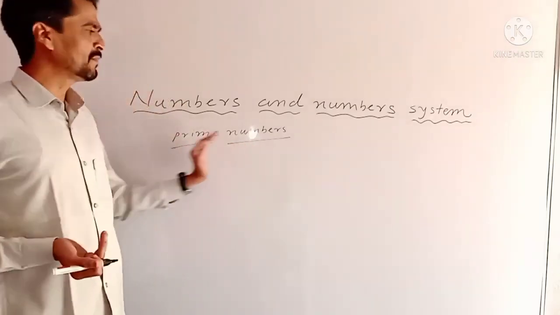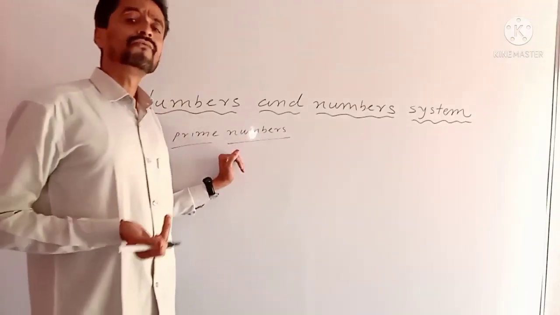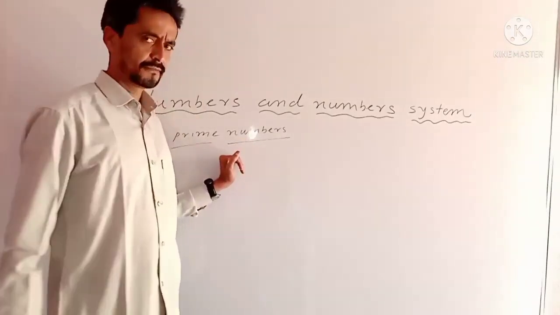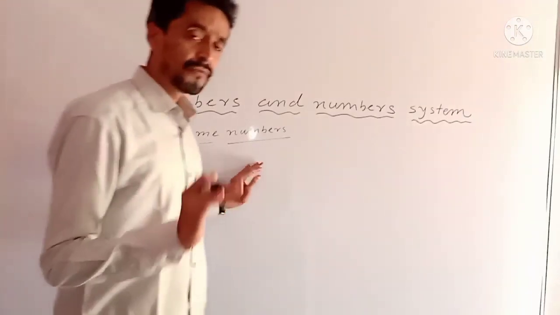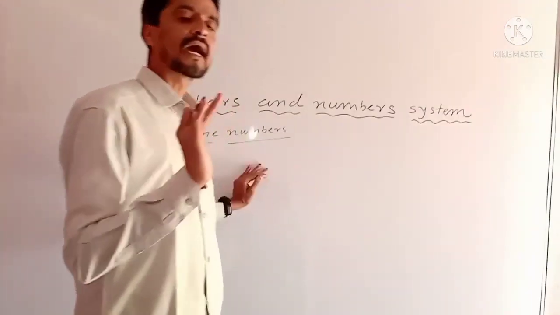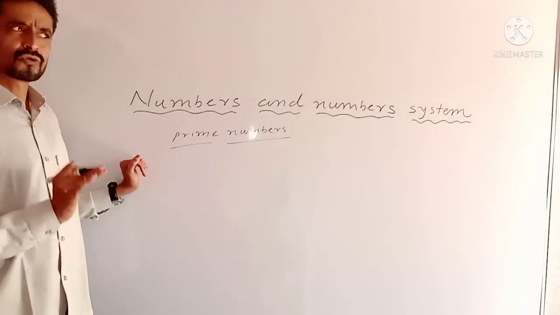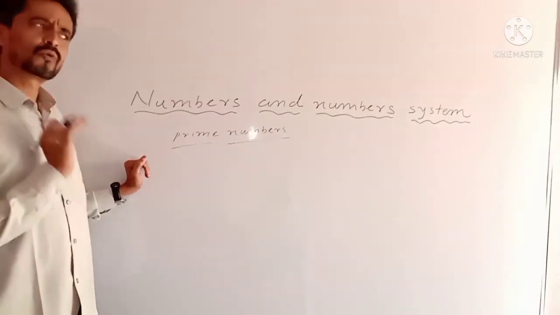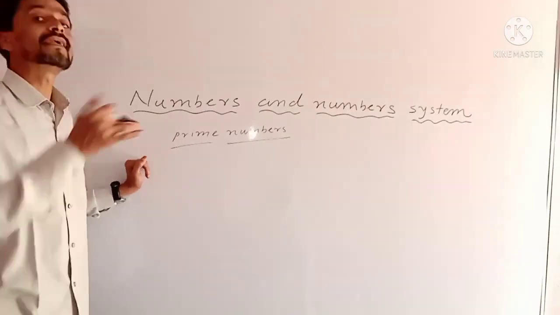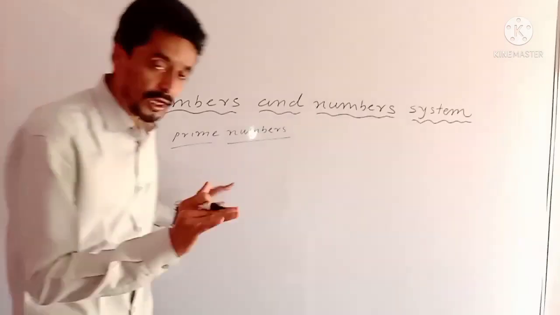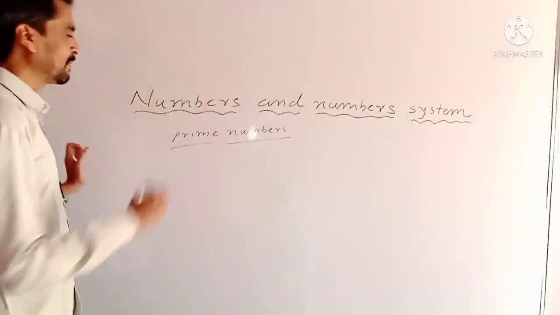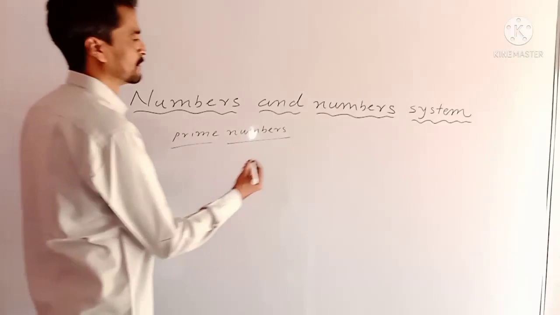I can define a prime number as a number which has only 2 factors. The numbers which have only 2 factors are called prime numbers. What are the two factors? 1 and itself.